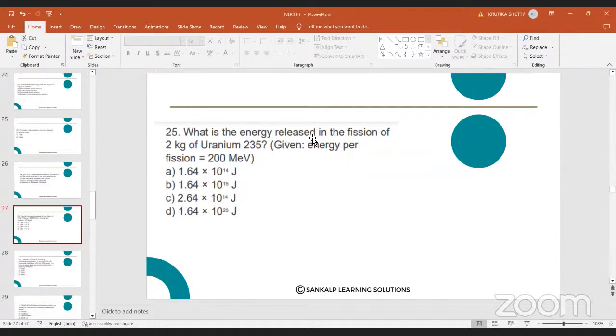Now, what is the energy released in the fission of 2 kg of uranium 235? The energy per fission is 200 mega electron volt. We need to calculate the energy. How to do this?